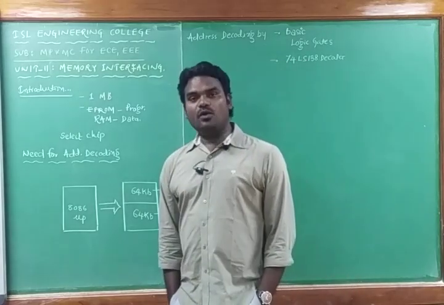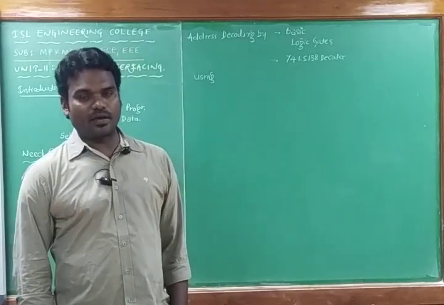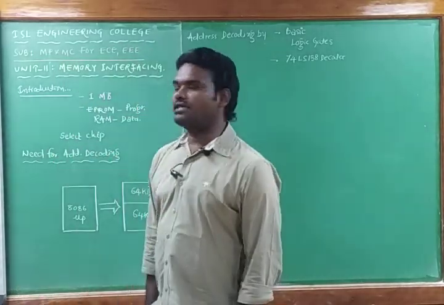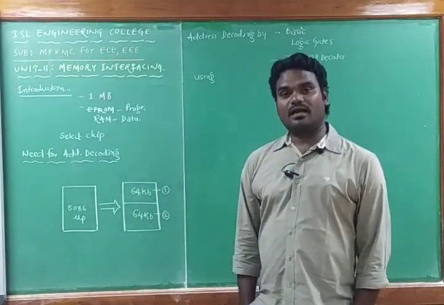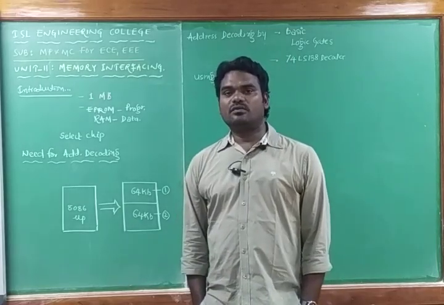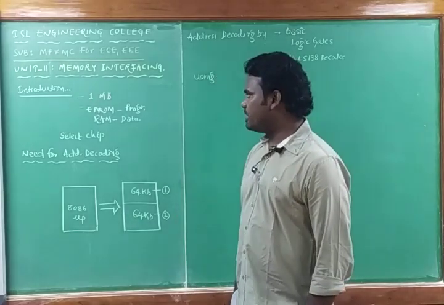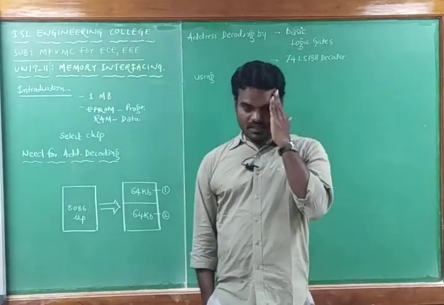This read-only memory is used to store the program, whereas random access memory is used to store the data. This is the basic information required for the memory interfacing of the 8086 microprocessor.